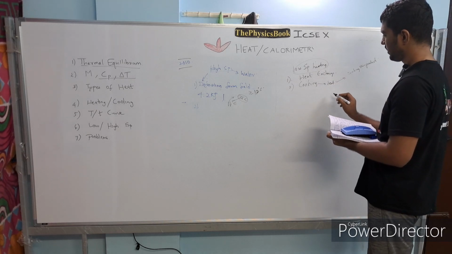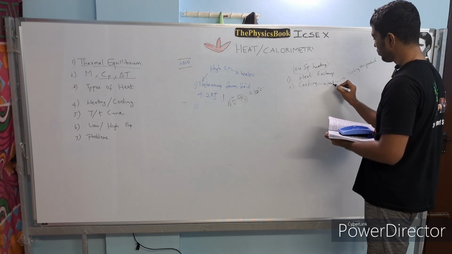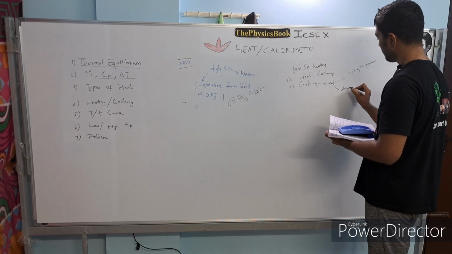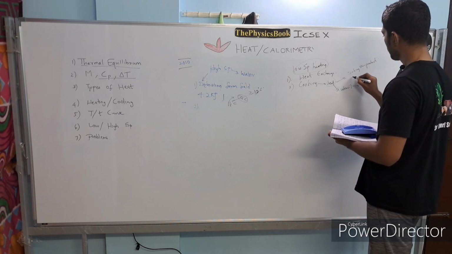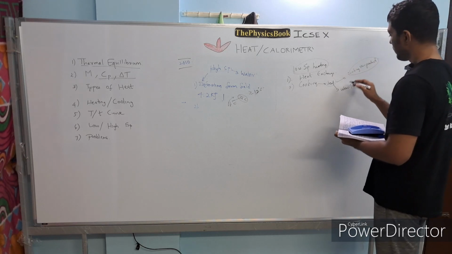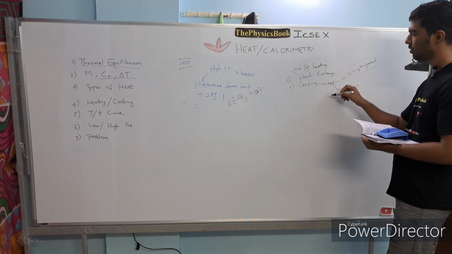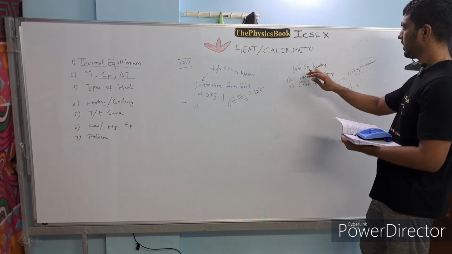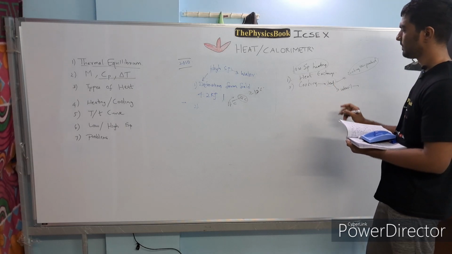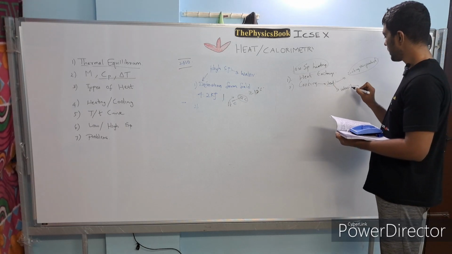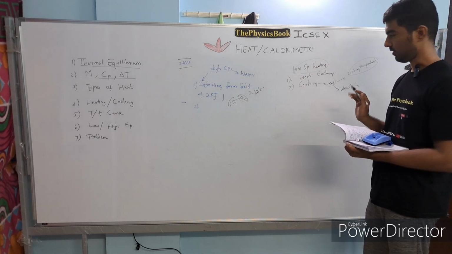But if it has high specific heat capacity, the heat you are giving will be utilized mostly by the utensil itself, and only a very small amount will be used for actual cooking of the product. What will happen in this case is you will burn up a lot of unnecessary gas, and it will give you more bill on your gas. So we always use low specific heat capacity, and there is one more advantage of using low specific heat capacity in cooking: the cooking will be faster. The utensil will attain higher temperature in a shorter span of time. So that's why cooking always prefers low specific heat capacity substances.